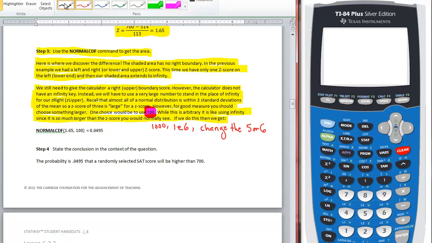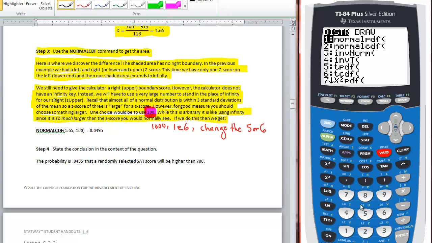So I go over to my handy dandy calculator, and again I'm hitting second, vars 2. Now here my lower is the 1.65 that we calculated up above. Now my upper is going to be 100 for that bound.